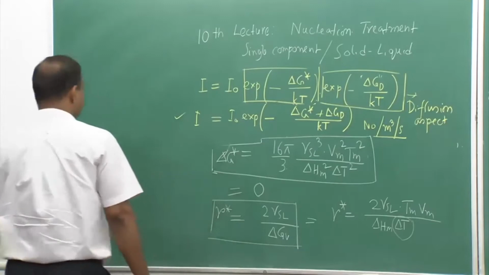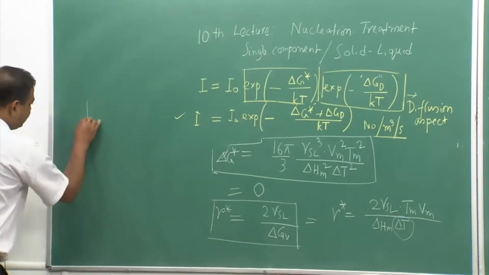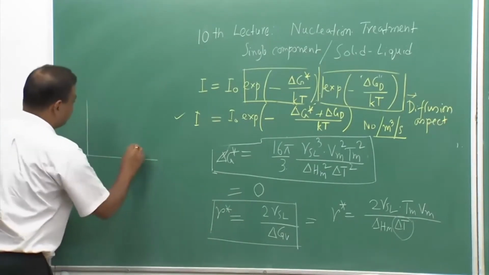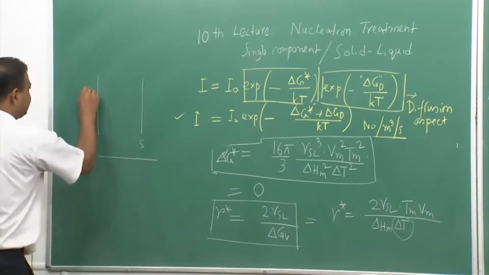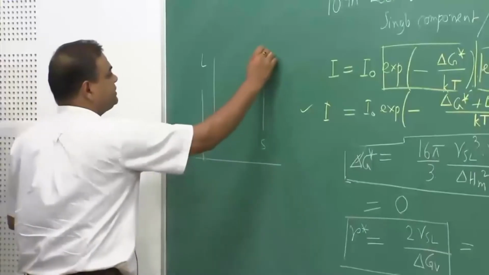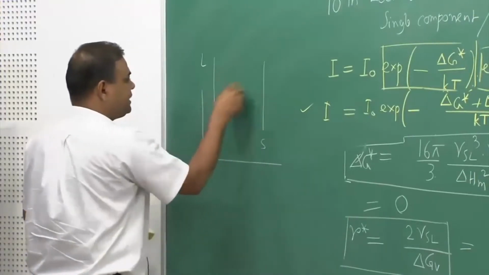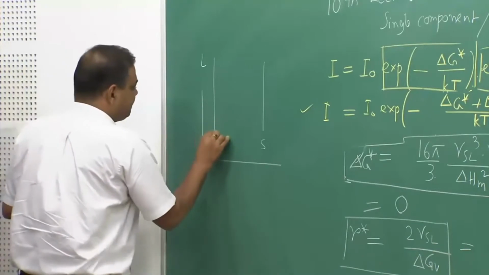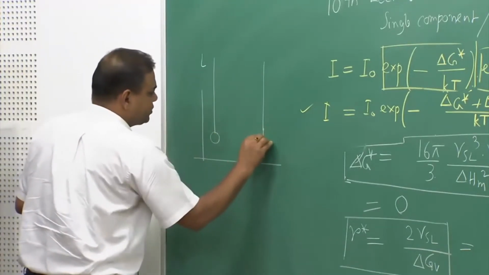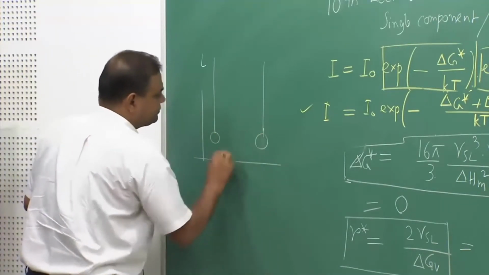Now, if we try to see its evolution, let us say this is my solid surface and this is my liquid surface. Let us assume that they have an interface like this. Now, the liquid atom position is this and the solid atom position is this.